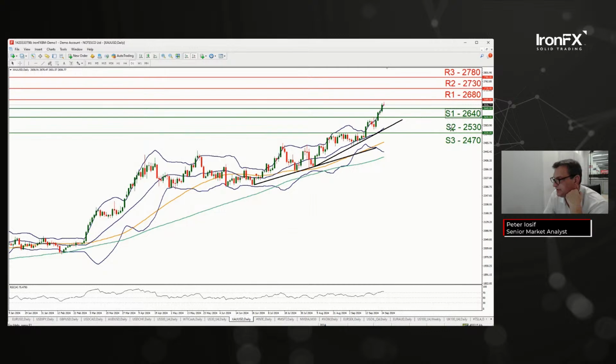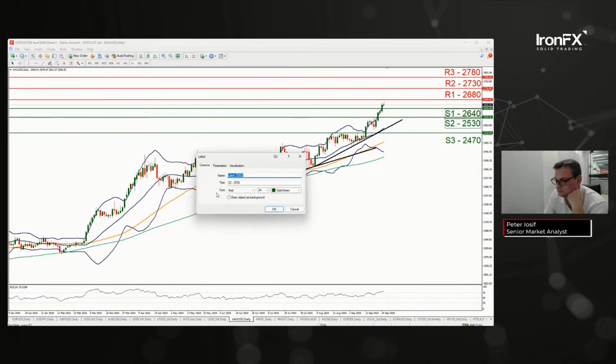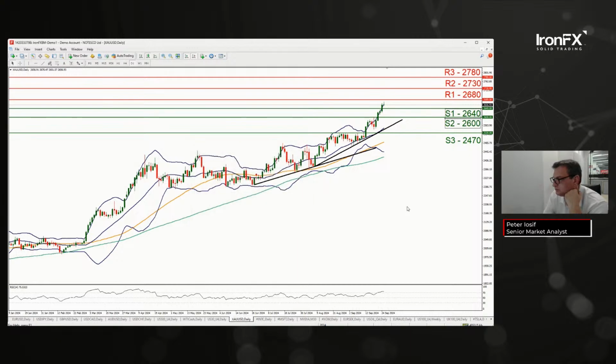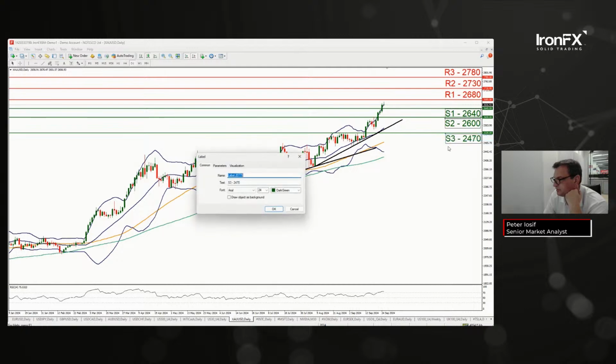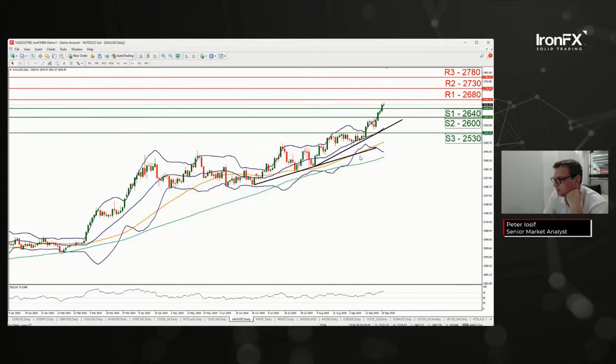The S2 to be placed at 2,600, and the S3 at 2,530. The upward movement is to be maintained, in our opinion.